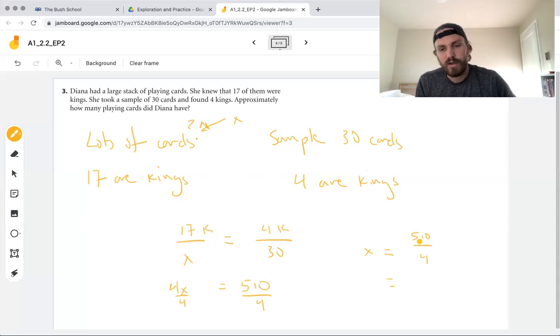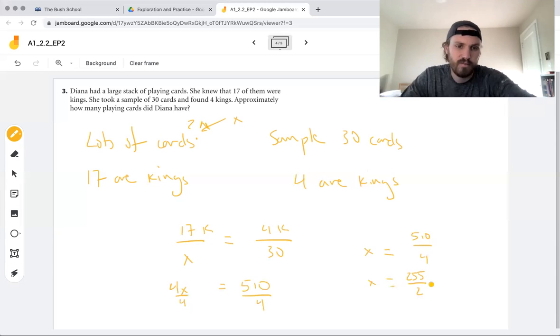Now, 510 divided by 2 is 255. So that's going to be 255 divided by 2. Okay, I must have done something wrong here because I should not come up with a non-whole number.